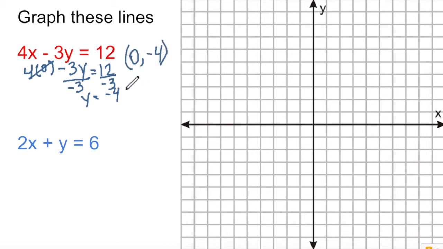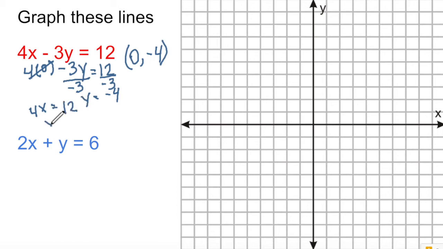Now let's see if we can find another point. Let's put in a 0 for y. Okay, so 4x minus, well, 3 times 0 is 0, right? So we can ignore that term. So 4x equals 12.